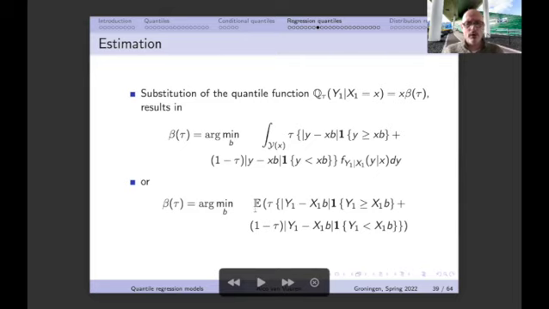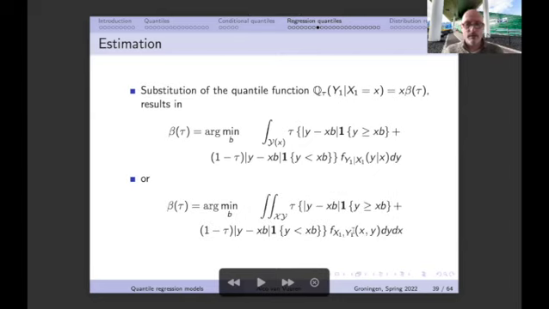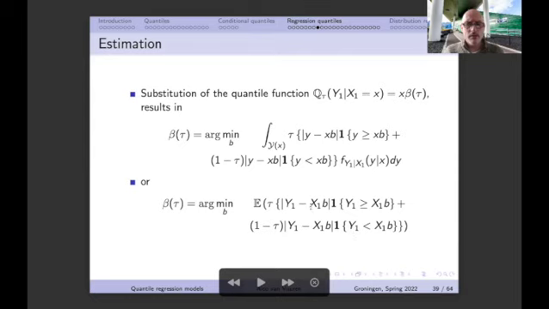But of course, we do not know how this function looks, because in order to know this mean, we need the joint density of y1 and x1, as we have already seen. So that doesn't work, but the reason why we want to write it like this is that now we see that it's a population mean, and that means that it could be estimated consistently by its corresponding sample mean.